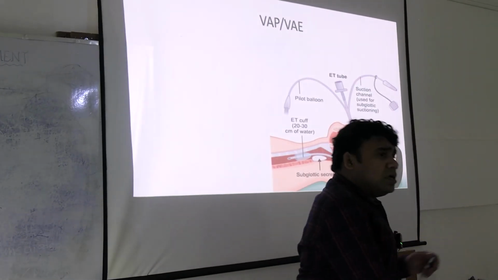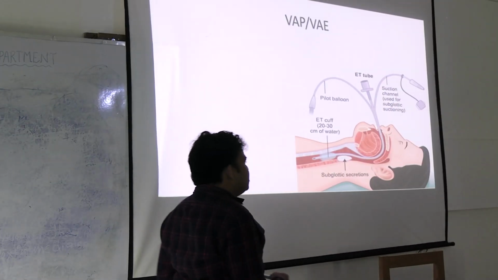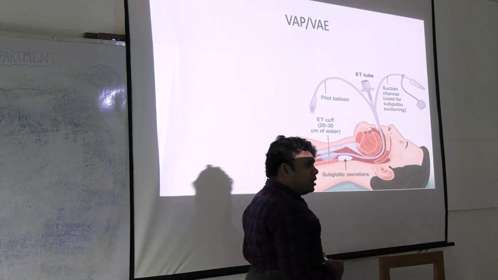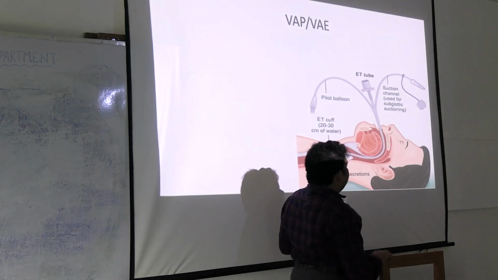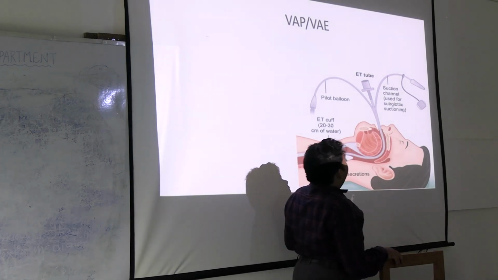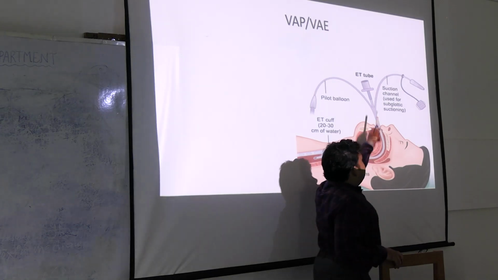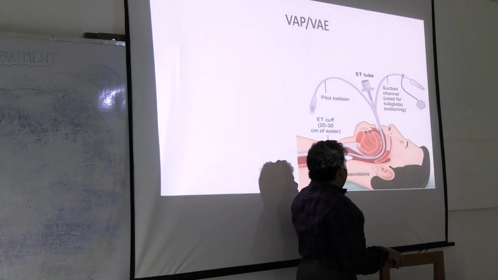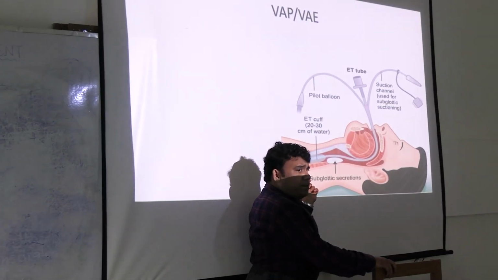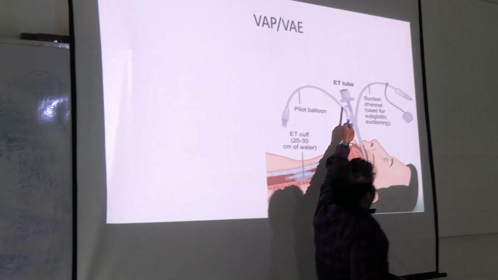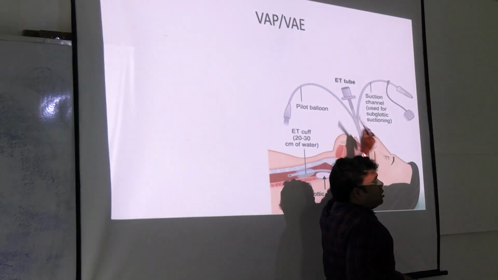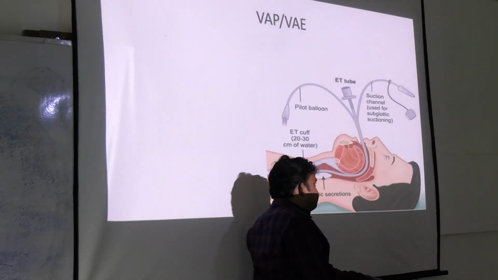Now, this is the picture in which endotracheal intubation is done. Look at this. There are some parts of the endotracheal tube. The first part is the tube itself. One end is in the trachea. The other end would be connected to the ventilator itself.